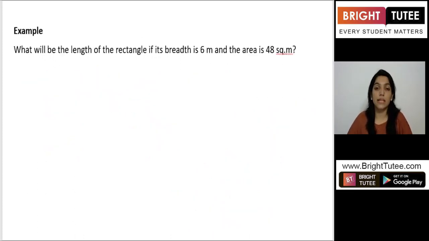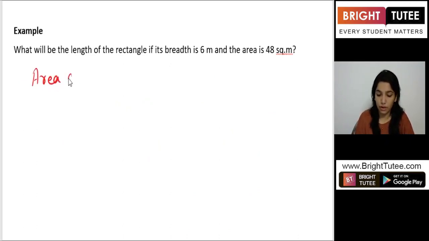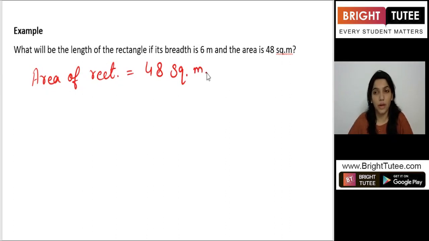Okay, so it says what will be the length of the rectangle if the breadth is given and the area is given to us. Okay, so let us see how we can find this. Clearly what we are given is area. Area of rectangle is given to us, that is 48 square meters.